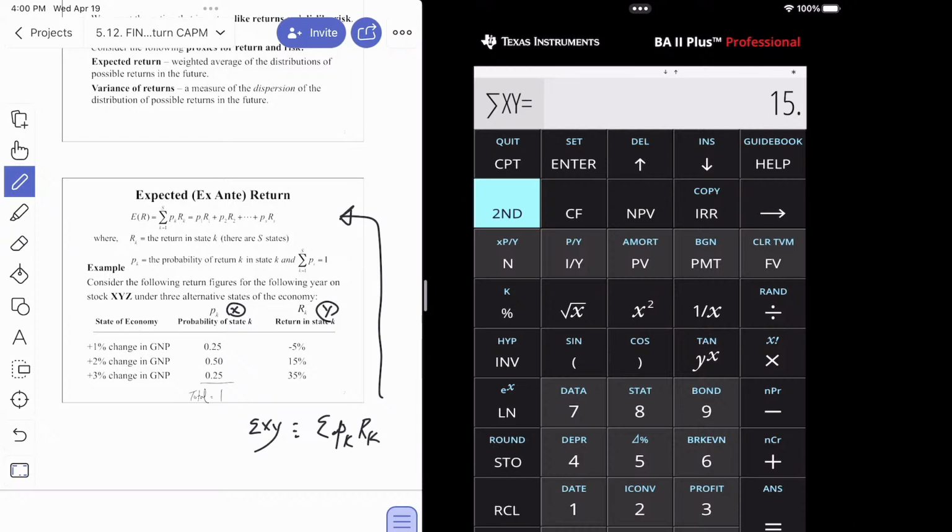And then to get the weighted standard deviation, now I'm thinking if I can do that as easily. Any questions about that calculation? So this is going to be 15%.